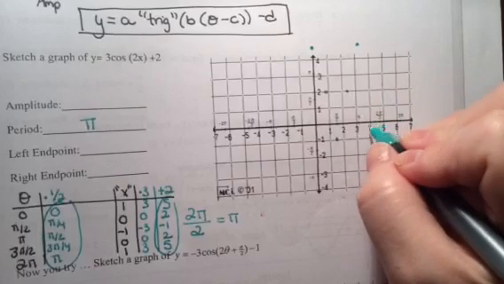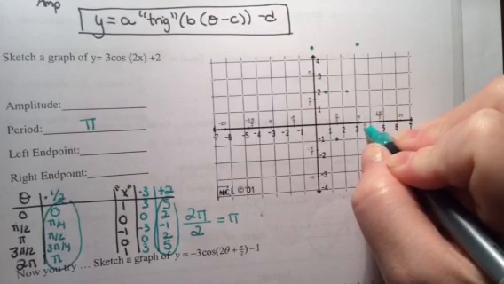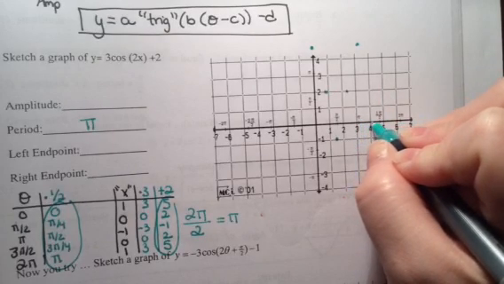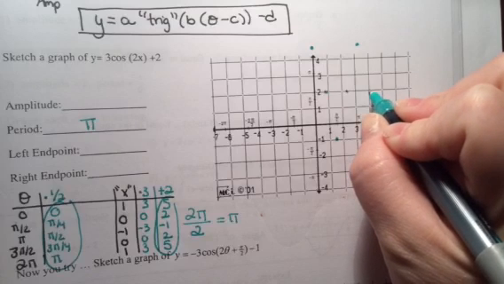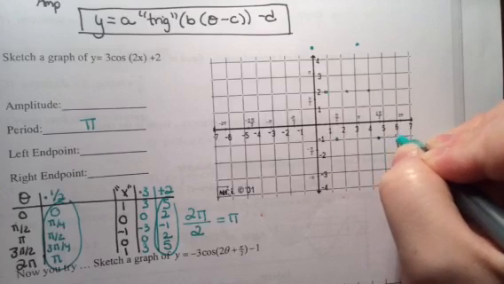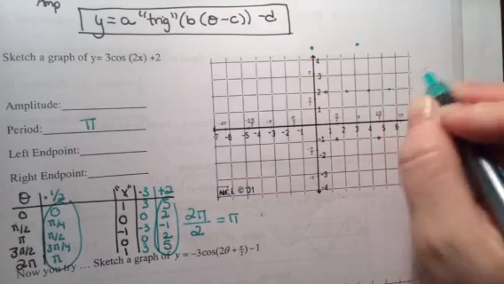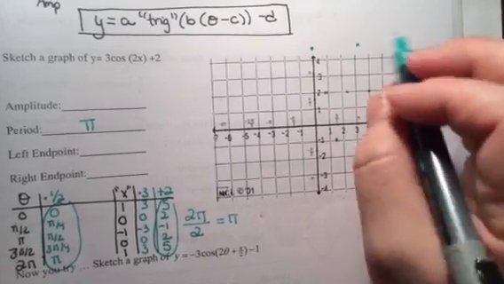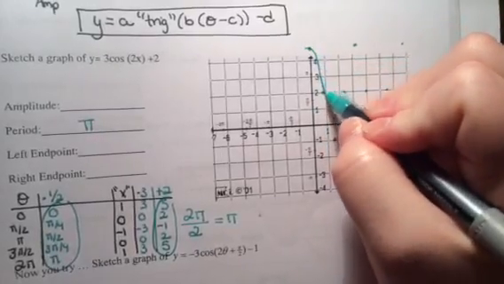And if you keep going, at 5 pi over 4 you should be back at 2, and at 3 pi over 2 back at negative 1. Something like this. So I'm going to try my best to connect these points.